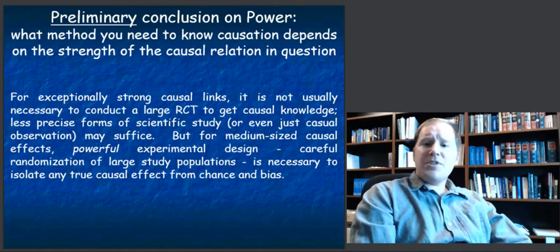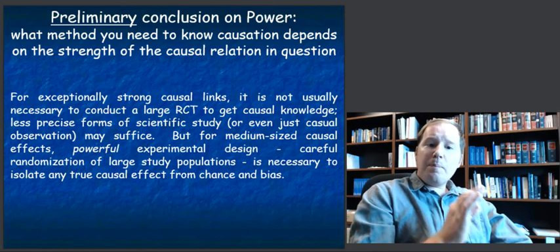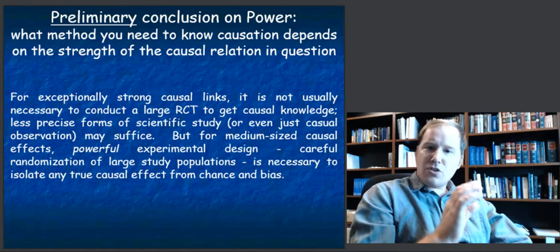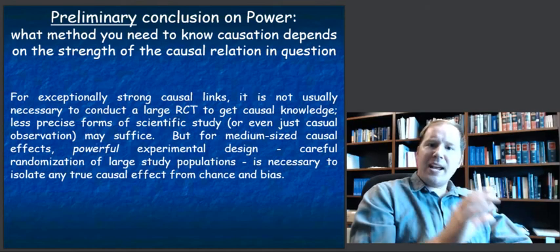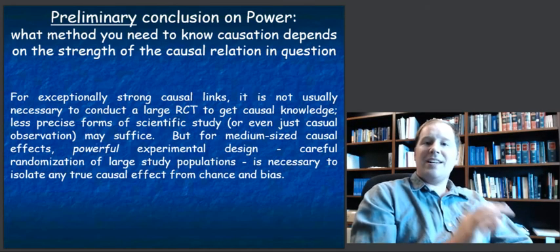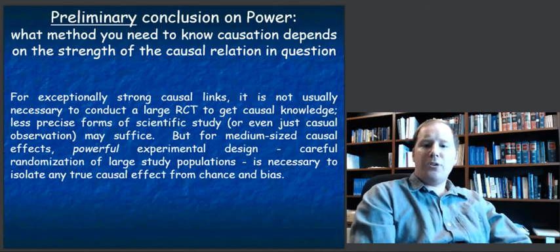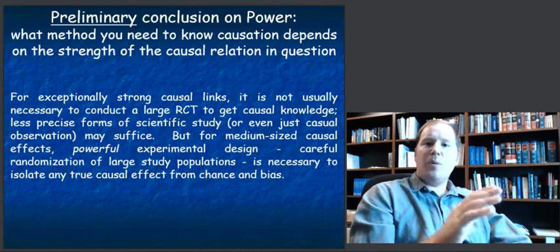But for medium-sized causal effects, very powerful experimental design, carefully randomized large study populations, and controls that rule out chance and confounders and biases that have been put into place are necessary to isolate any true but weak or moderate causal effect from any chance or bias that might occur.